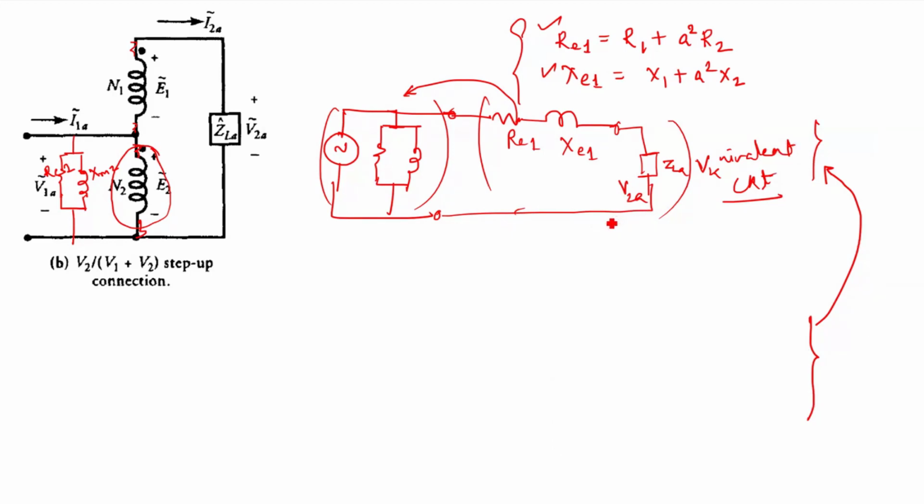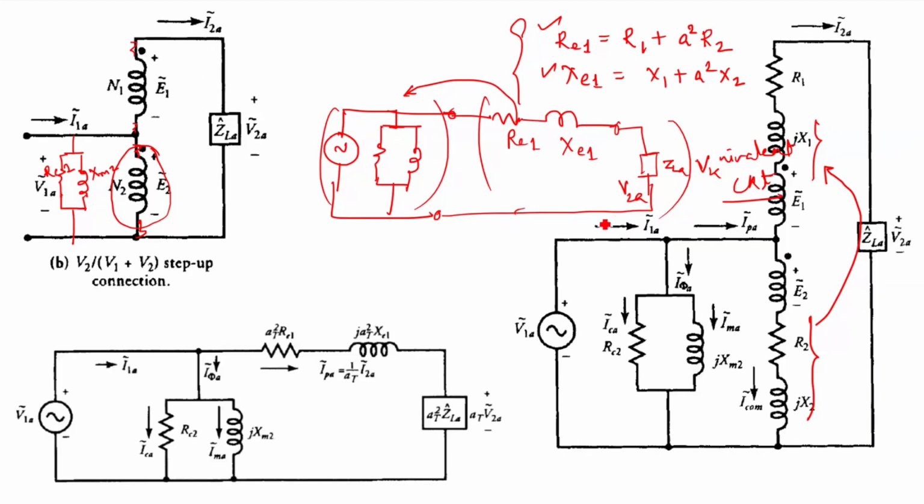So that is what I can see here easily. So your RE1 and XE1 are multiplied with AT square, and your load impedance is also multiplied with AT square, because all these quantities are now referred to the primary side.